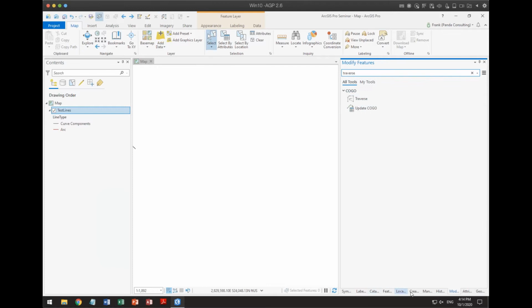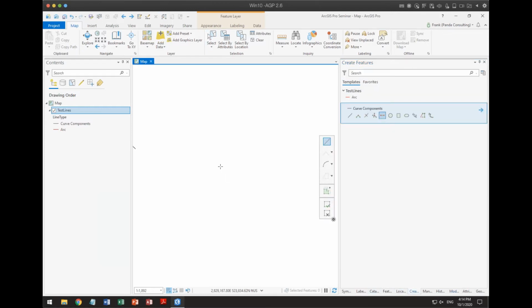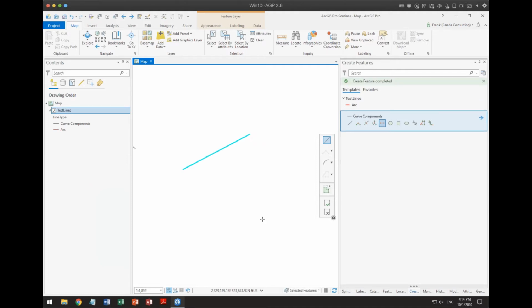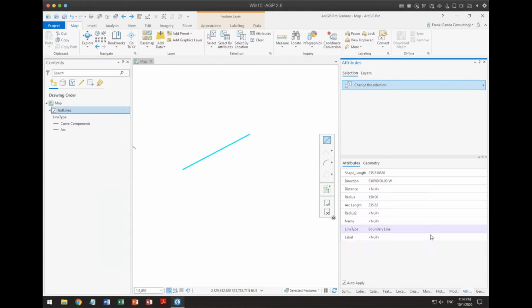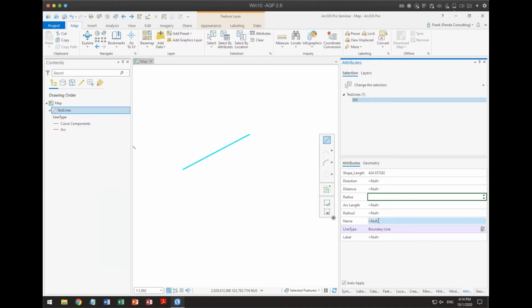So inside of ArcMap, let's just go to create here. Straight line. Inside of ArcMap, we could create a chord, right? And then go back to the attributes of that chord, and here this is 425 feet.